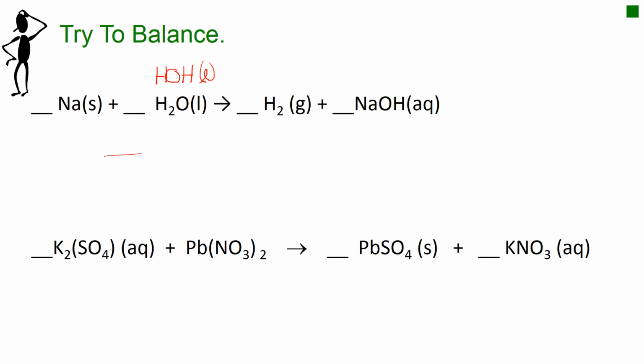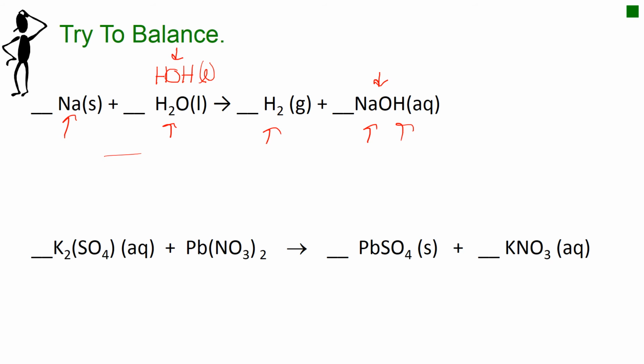So let's balance this. I've got one sodium here on the reactant side and one sodium on the product side. And I have, let's see, one oxygen and one oxygen. And I have two hydrogens here, but I've got 1, 2, 3 hydrogens here. So I have to kind of manipulate this around.